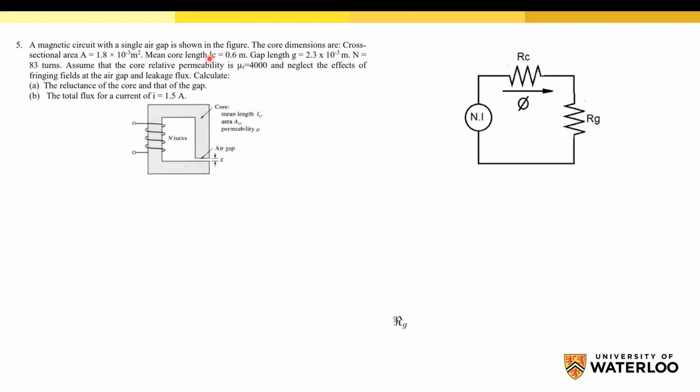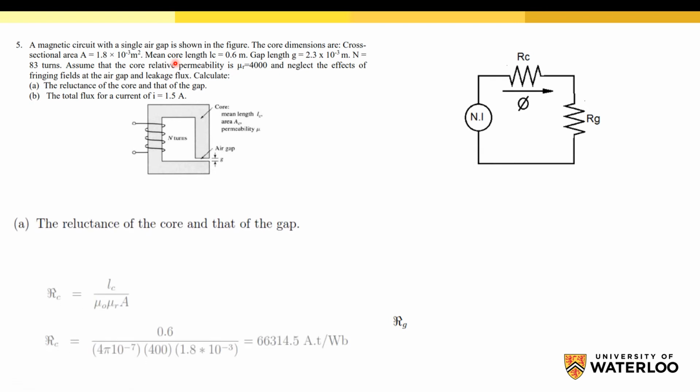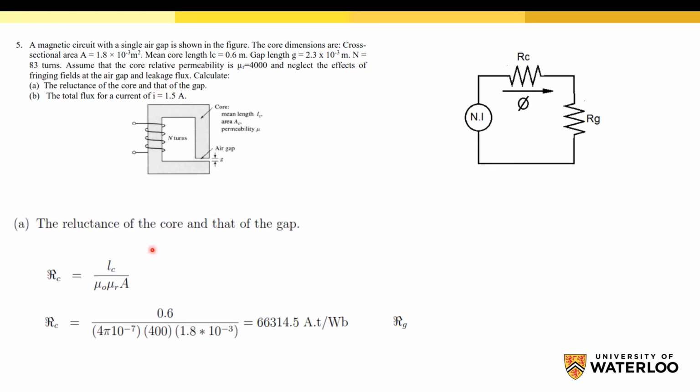Here we have the mean length for the core, so the length is given. We know the area, and we know mu r, and mu naught is a constant, we know it. So we can calculate the reluctance of the core. Now, in order to calculate the reluctance of the air gap, we need to know the length of the air gap and the cross-section area.